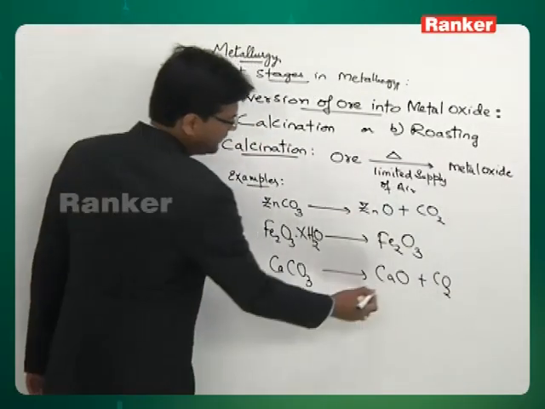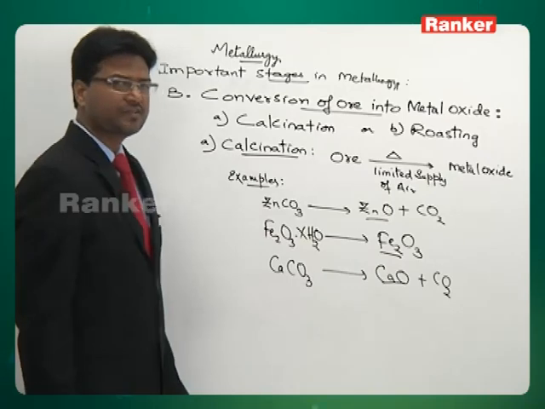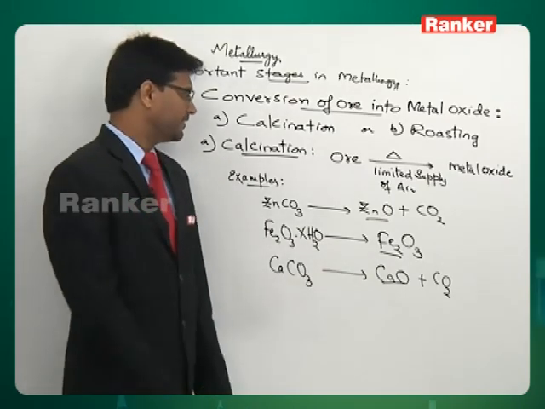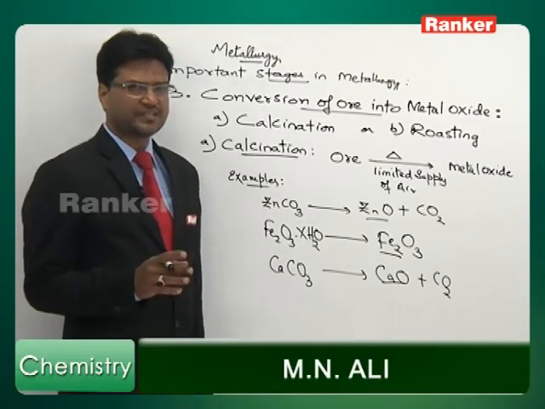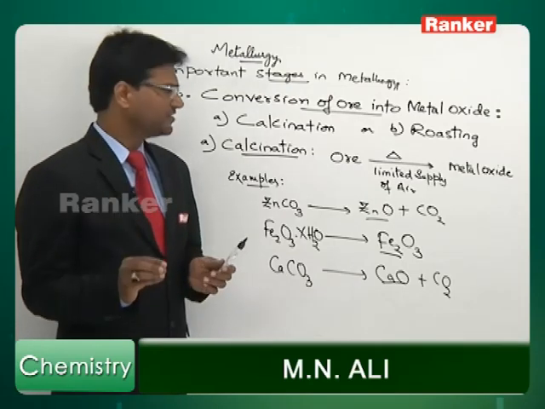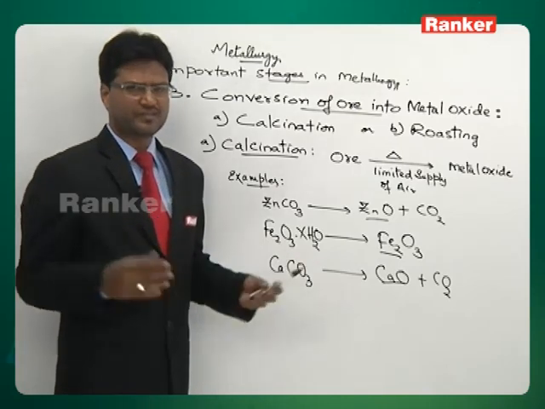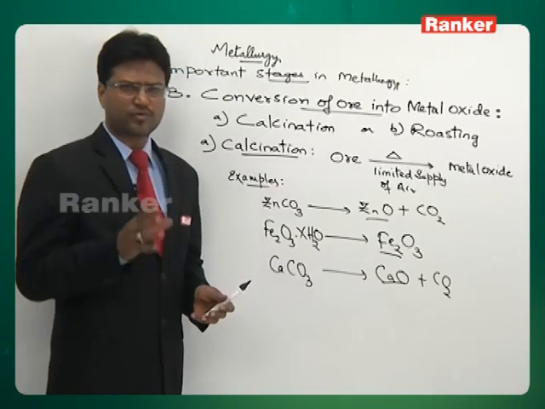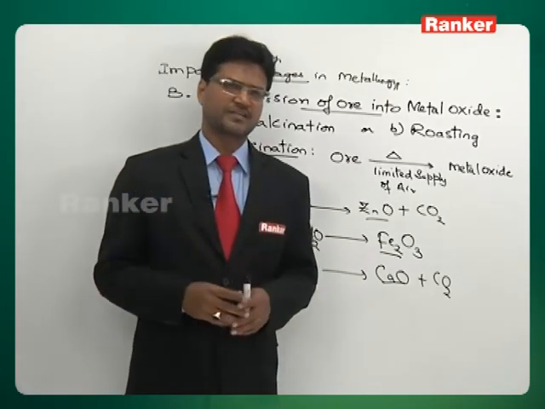So in this way, it is possible to transform the metallic compound present in the ore into metal oxide, and then reduction can be carried out. So these are some examples of calcination. Calcination is heating ore in a limited supply of air or absence of air. During calcination, moisture is lost, volatile impurities are removed, and the compound present in the ore decomposes to get transformed into metal oxide.